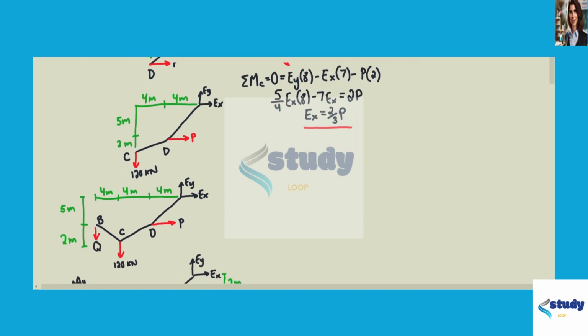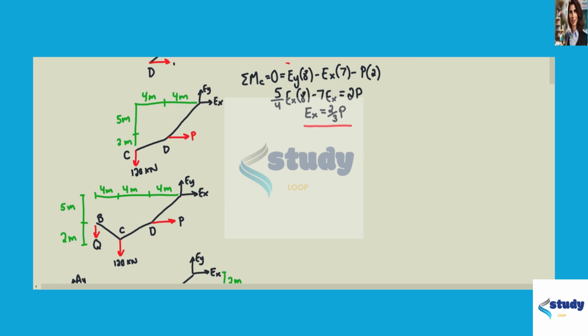All right, now we're going to draw a free body diagram from B to E, and take another summation of the moments, around B this time, equal to 0. This equals EY times 12, because 12 meters in the horizontal direction between B and E, minus EX times 5, because 5 meters in the vertical direction between B and E, minus 120, the force at C, times 4, because 4 meters in the horizontal direction between C and B, and that's set equal to 0.